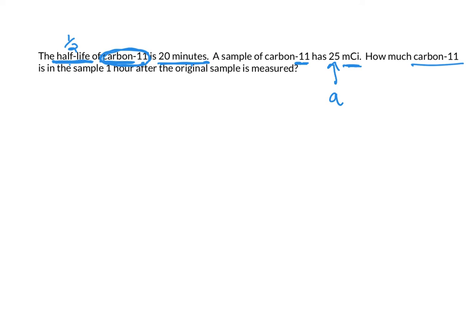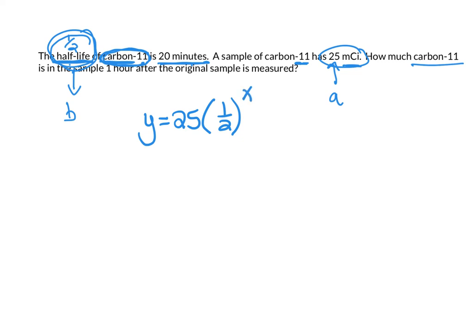All right, so there's lots to think about here. We have our original amount A. What's our B? The getting cut in half is our B. So Y equals, we're going to start with 25 MCI of carbon-11, and it's getting cut in half every 20 minutes.